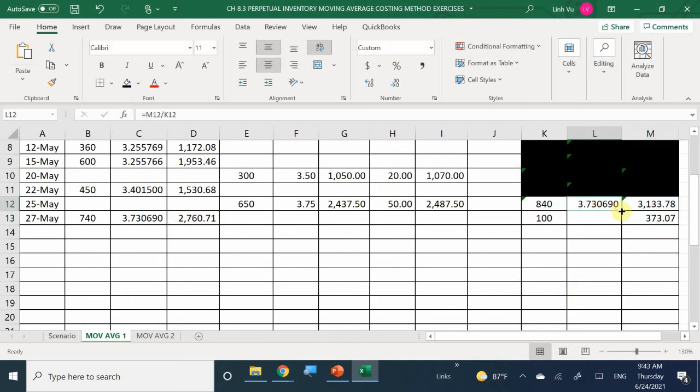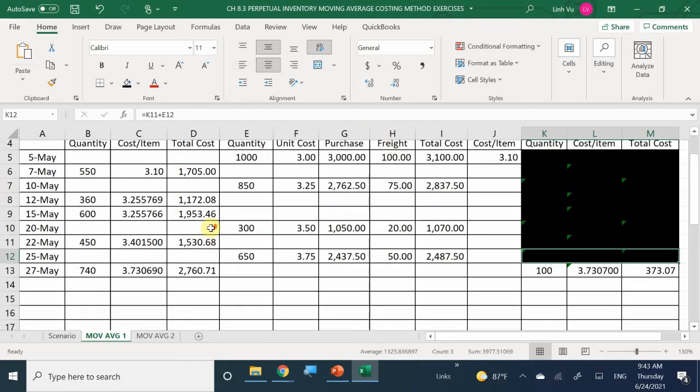Perfect. Bringing my average cost per item to be 3.7307. Perfect. Excellent. And that is how we do our average cost, or moving average. Simple enough, easiest.